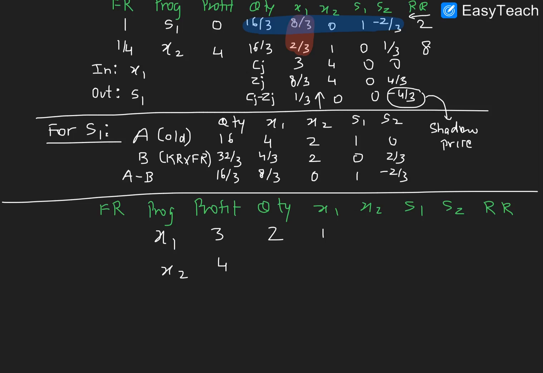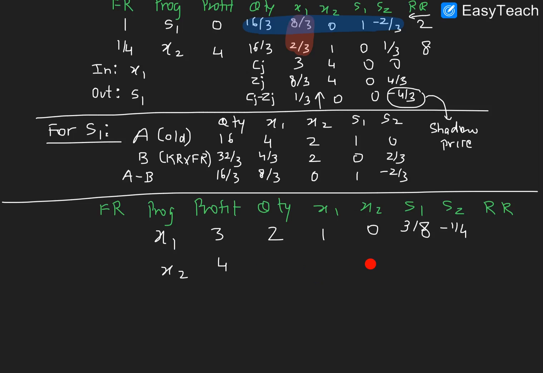Then 8 by 3 divided by 8 by 3, 1. Then 0 divided by 8 by 3, 0. Then 1 divided by 8 by 3, which translates to 3 by 8. And the final one, minus 2 by 3 divided by 8 by 3, so that's minus 1 by 4.